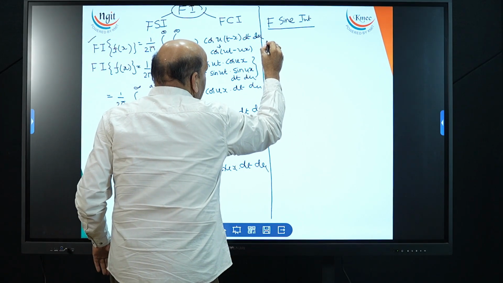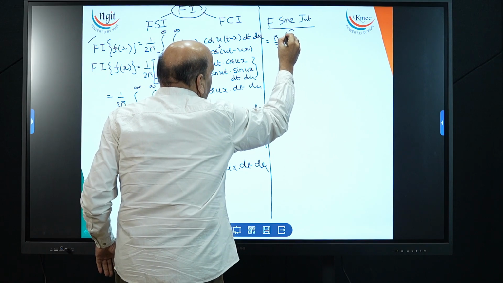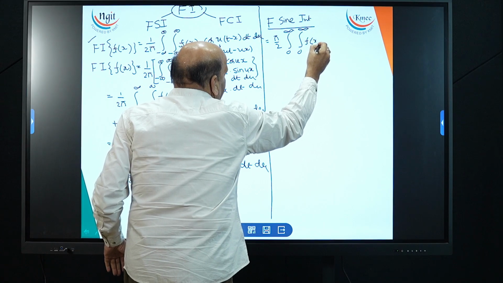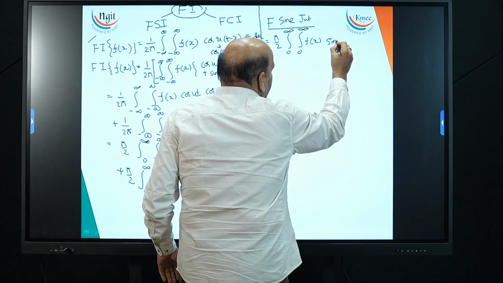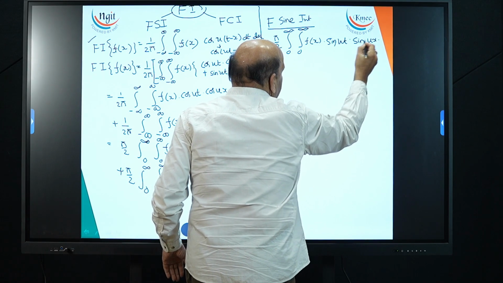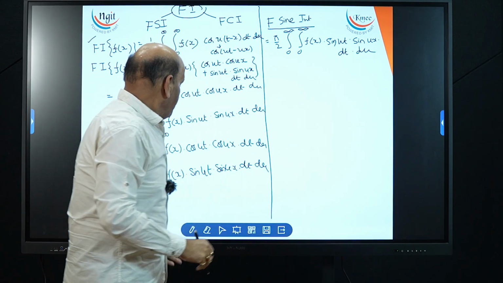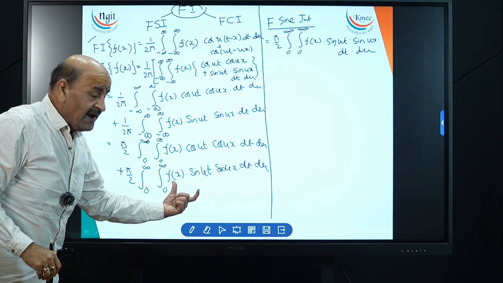So this is equal to pi by 2, look at the integrals, 0 to infinity only, 0 to infinity, 0 to infinity, f of x into sin ut into sin ux dt du. It contains only the sine part. That means this part is called Fourier sine integral.